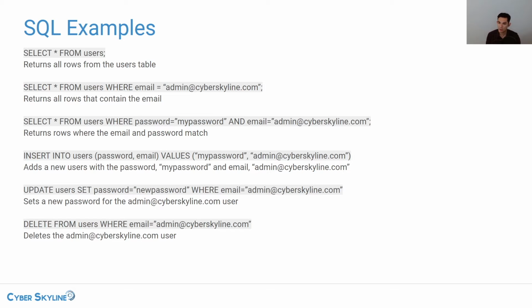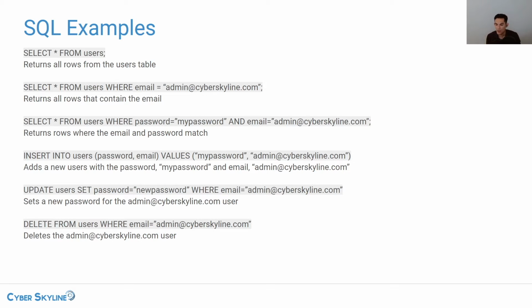So this WHERE component is specifically adding a filter, and it's saying that the email column in the table has to equal admin@cyberskyline.com. Now, if for whatever reason there were multiple users with that email address, this request would return all of those entries with that email address. If there were none, if nothing matches, you just get nothing, right?